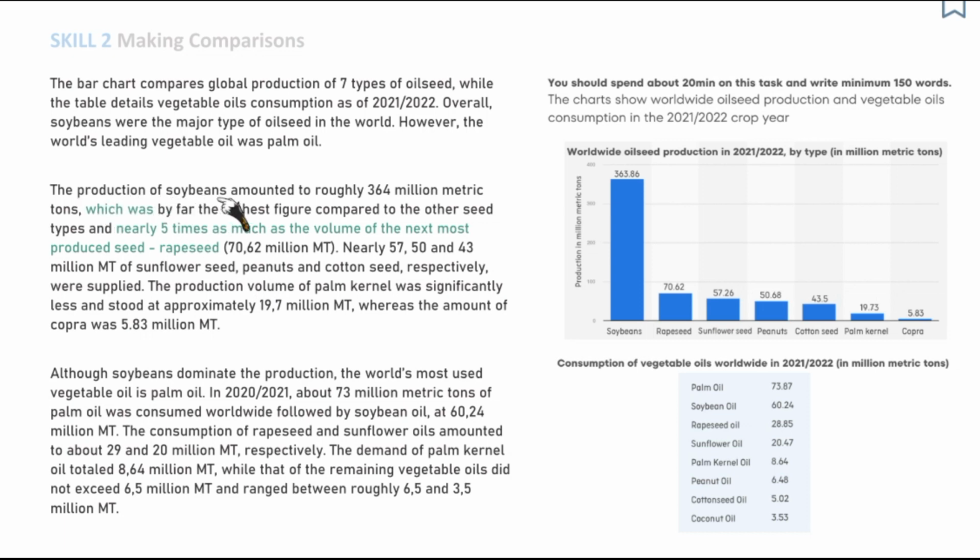So the production of soybeans amounted to roughly 364 million metric tons, which was nearly 5 times as much as the volume of the next most produced seed, rapeseed. This is a very useful, and not the easiest, structure to use if you want to make comparisons.